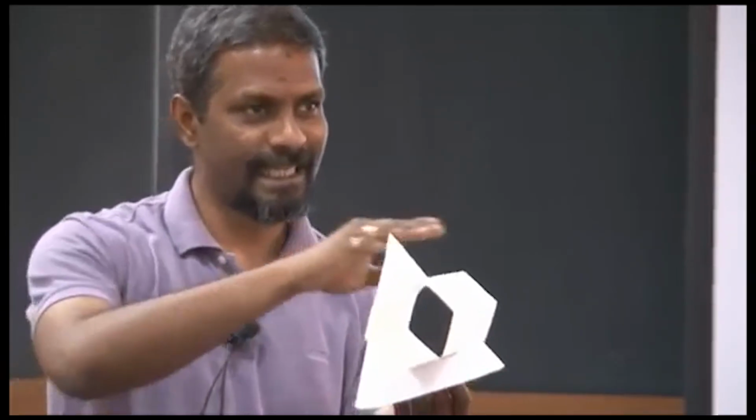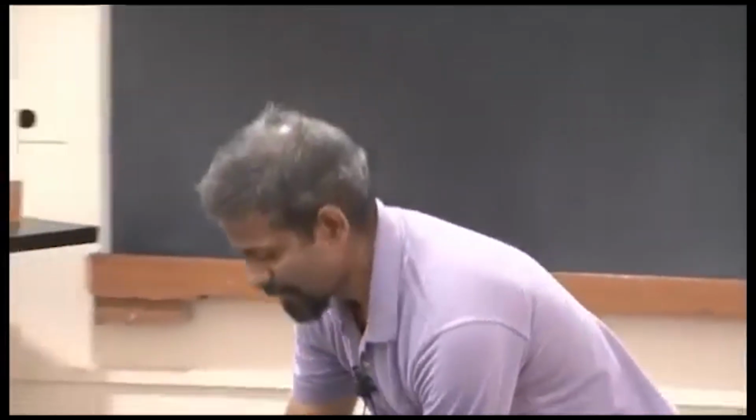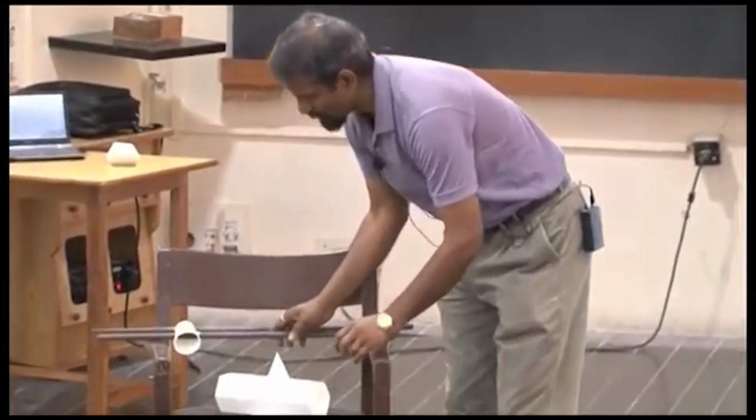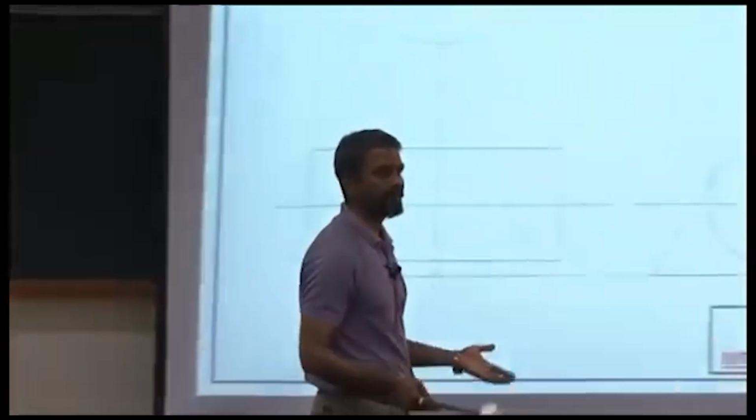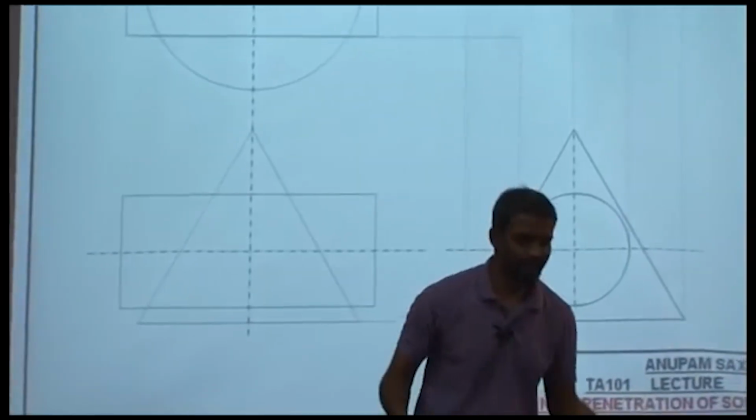A circle. And if you slice a cylinder with the same plane, what do you get? A rectangle. So your intersection points will be what? Essentially the intersection between the corresponding rectangles and the circles. This is the basic idea.